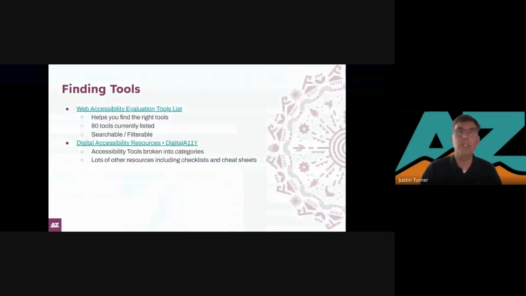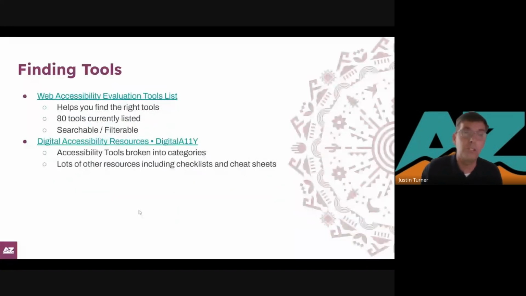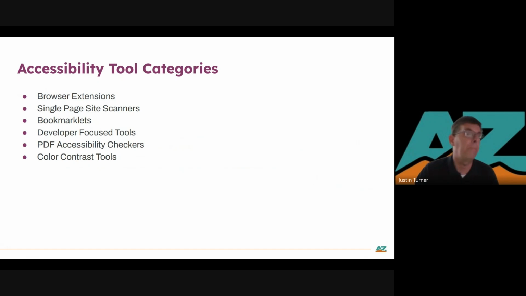As the video mentioned, the most important thing here is not what tools say, it's what our users say. Tools are just a way for us to help improve accessibility, and what's most important is whether or not the content is accessible to people.